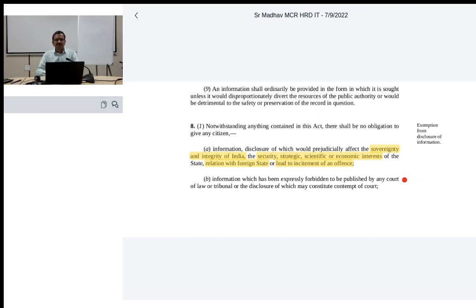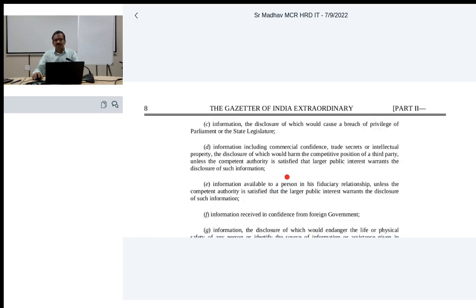And 8.1b deals with information whose disclosure may constitute contempt of court. This again you can locate under Article 19.2 of the Constitution, or sometimes courts themselves expressly forbid the publication of information. So in case of express orders by courts, then that need not be disclosed.